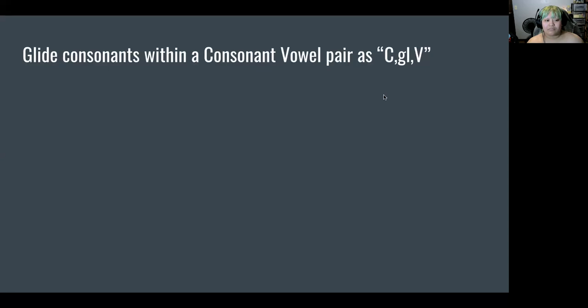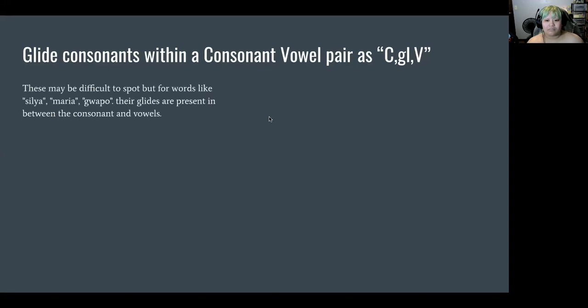These are maybe difficult to spot, but for words like Cilia, Maria, Guapo, glide consonants are present between the consonant and the vowel. With Cilia, the glide consonant is the y between the L and the A. Maria, the glide consonant is the I between the R and the A. Guapo, the W between the G and the A.